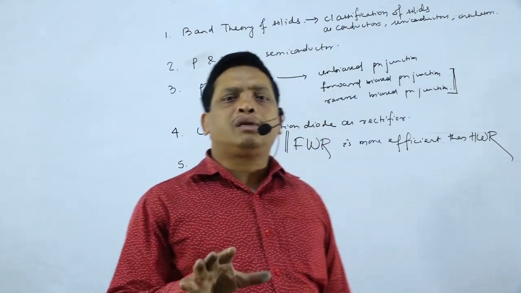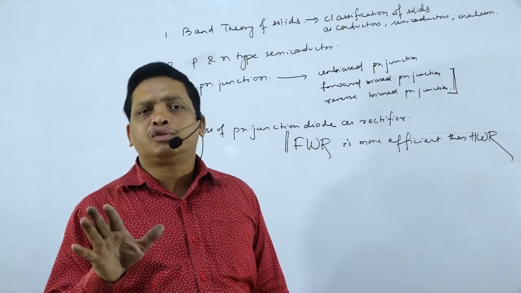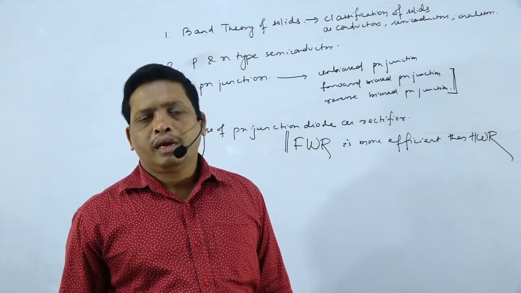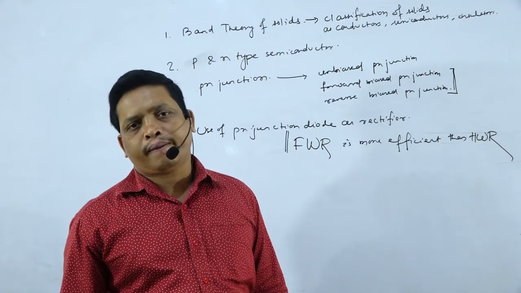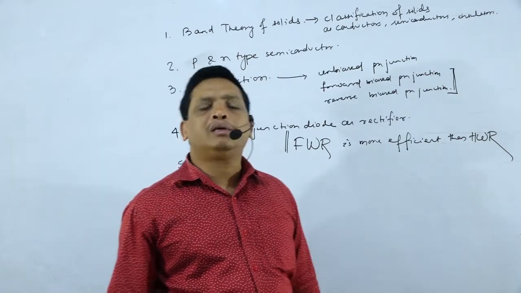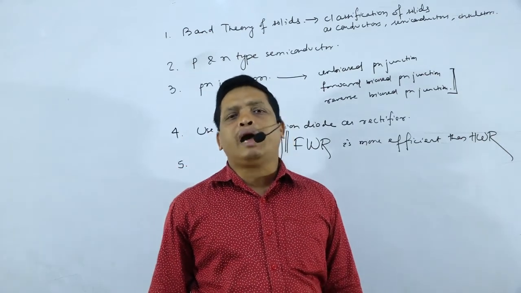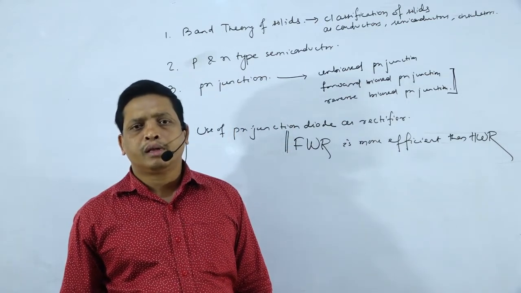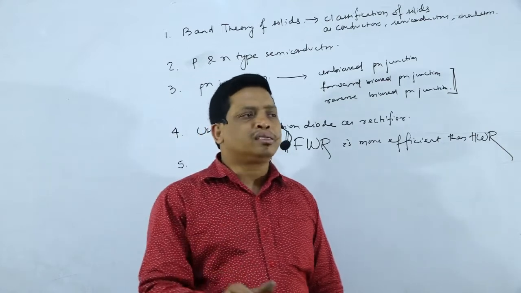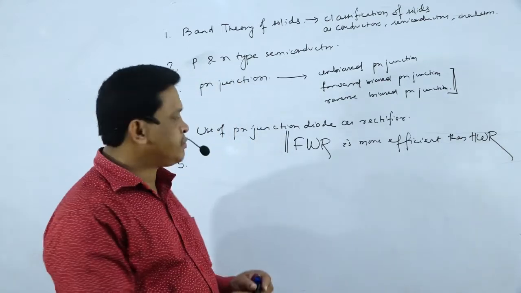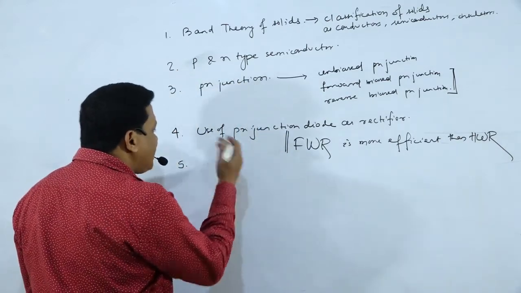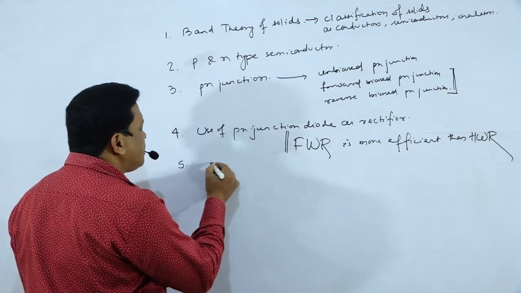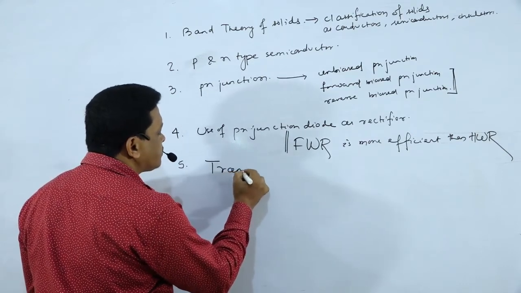So PN junction basically acts as a switch. It has no controlling effect. Then scientists thought how to control the output of a device with the help of its input. So the device transistor came. So the next topic was transistor.